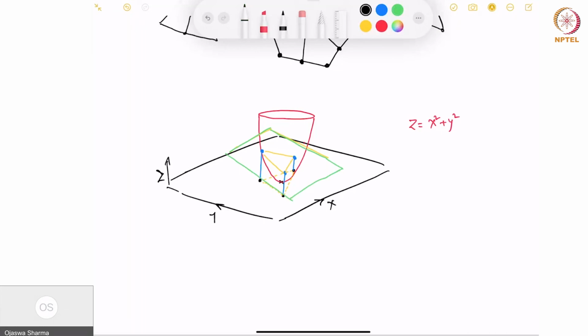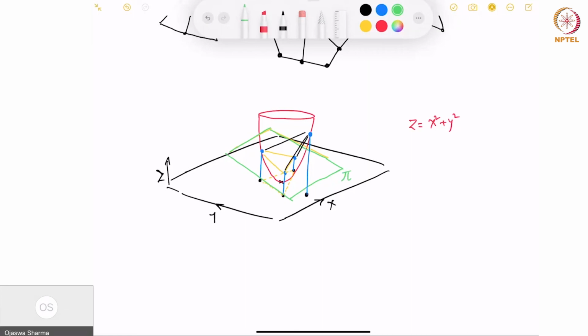So come a fourth point over here, and I lift that as well onto this paraboloid. So these 4 points in 3D space form a tetrahedron. Okay, these form a tetrahedron, and there is this lifted plane pi.